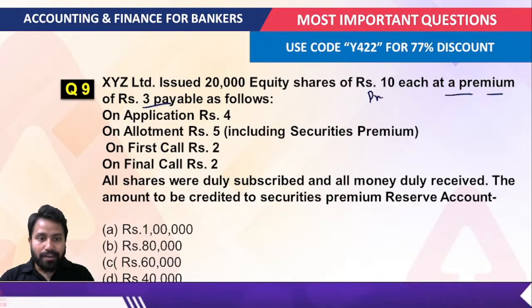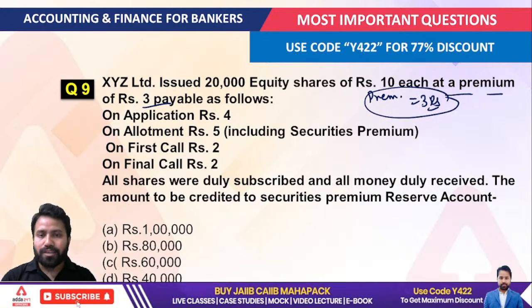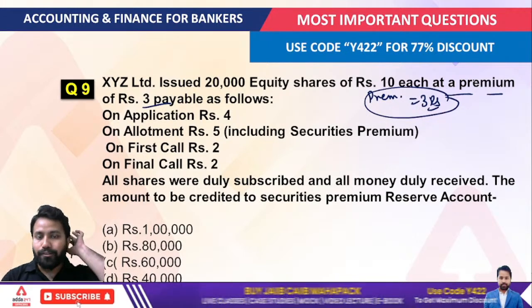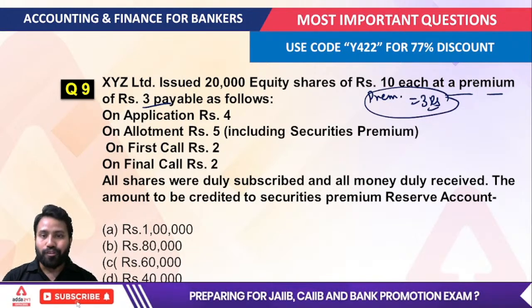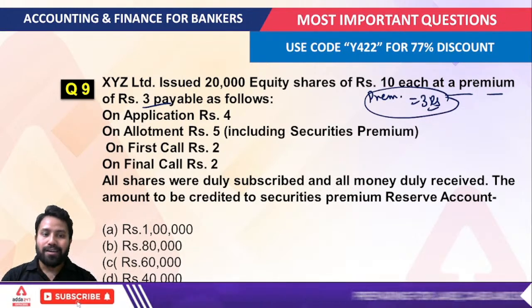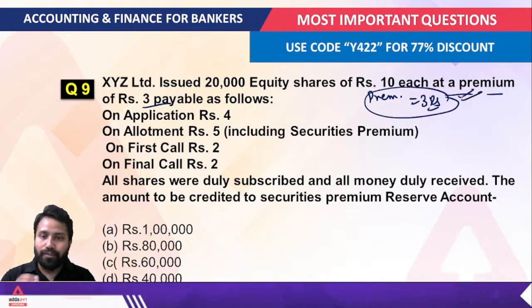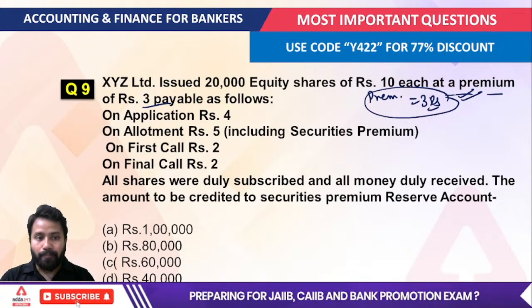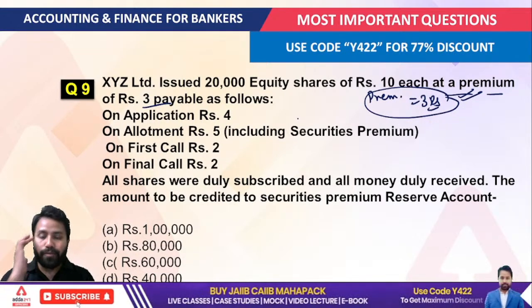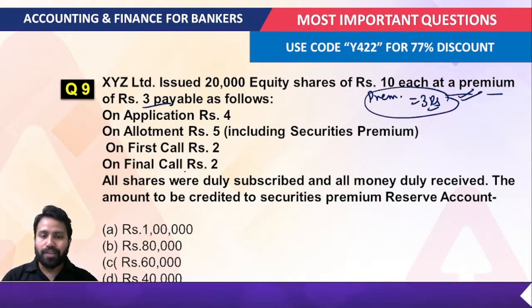Just understand the premium price given, 3 rupees, and just trust me, don't be confused in the examination by the term premium, wondering whether you will be able to solve this question or not. It is more than easy when you understand that the premium amount will be separately credited to the securities premium account. So when we talk about the 3 rupees premium amount, the amounts for application, allotment, first call, and second call are given.